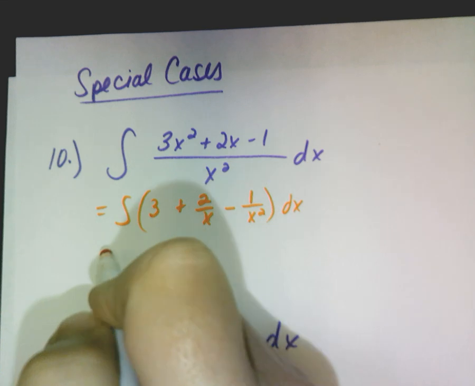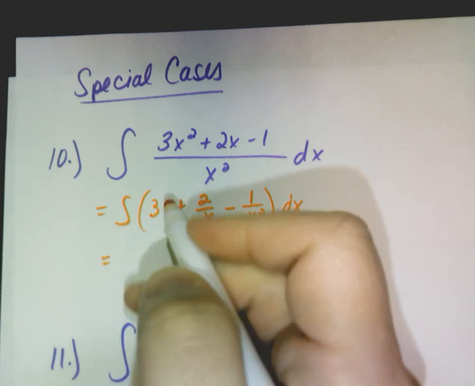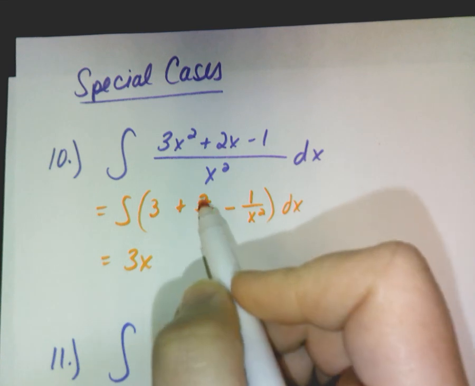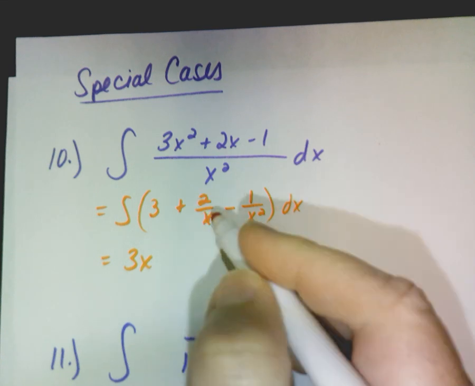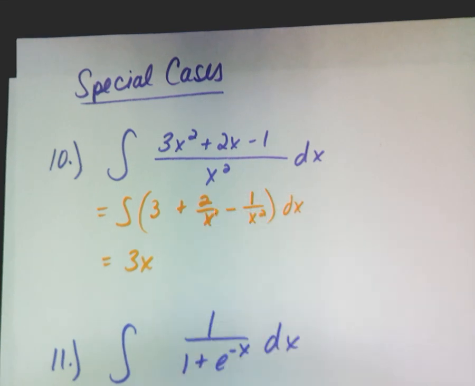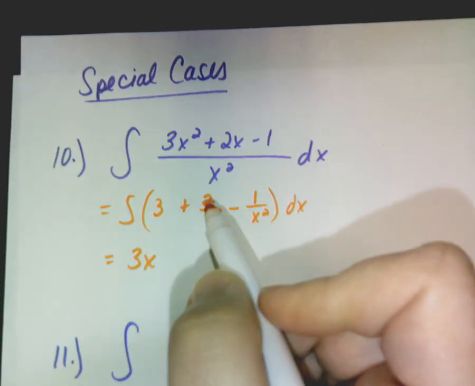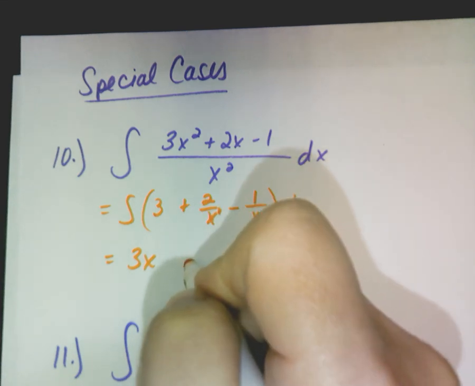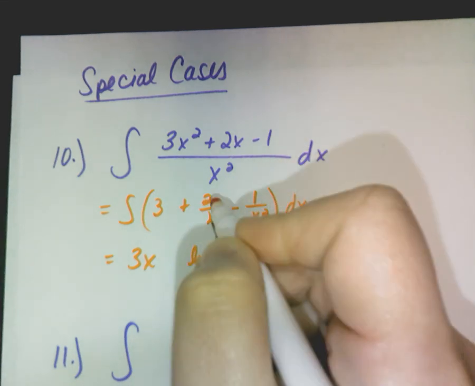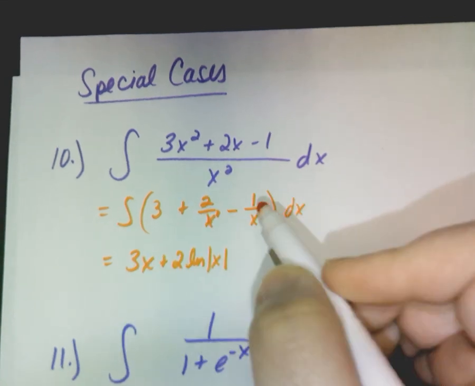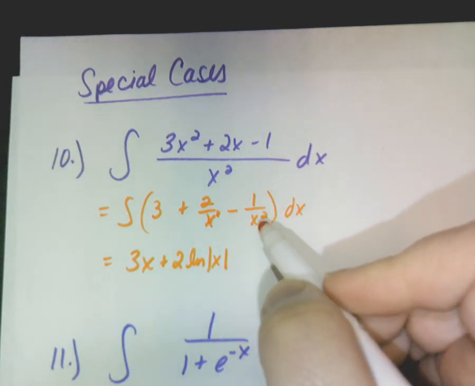Okay, so now I can take the integral of each one individually. So let's see, what's the integral of a constant? Well, that's just 3x. What's the integral of 2 over an x with a power of 1? That's the logarithmic, okay? If it's just a power of 1, then you can rewrite that as the ln of x, and then that 2 is multiplied on the outside of it. What about 1 over x squared?